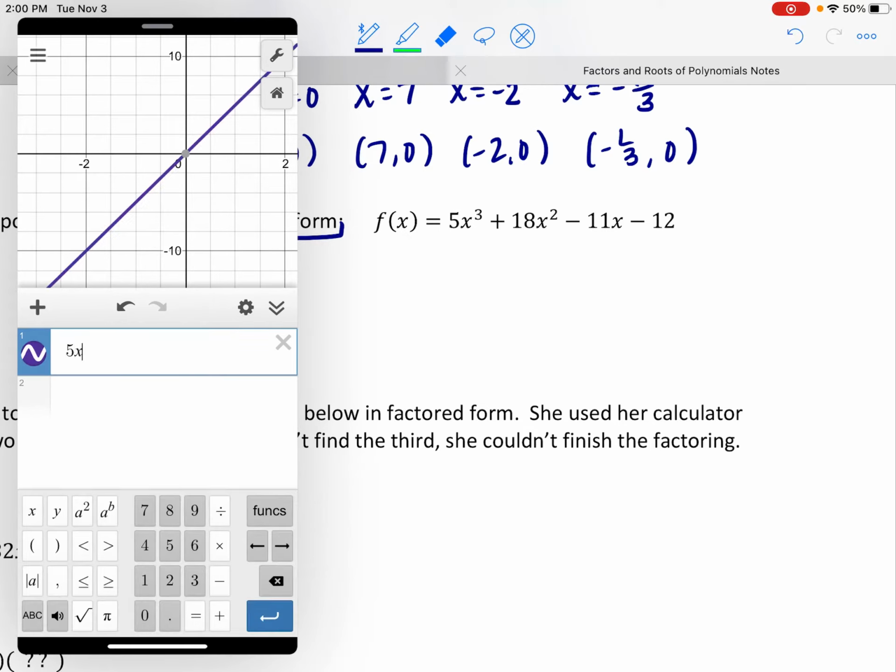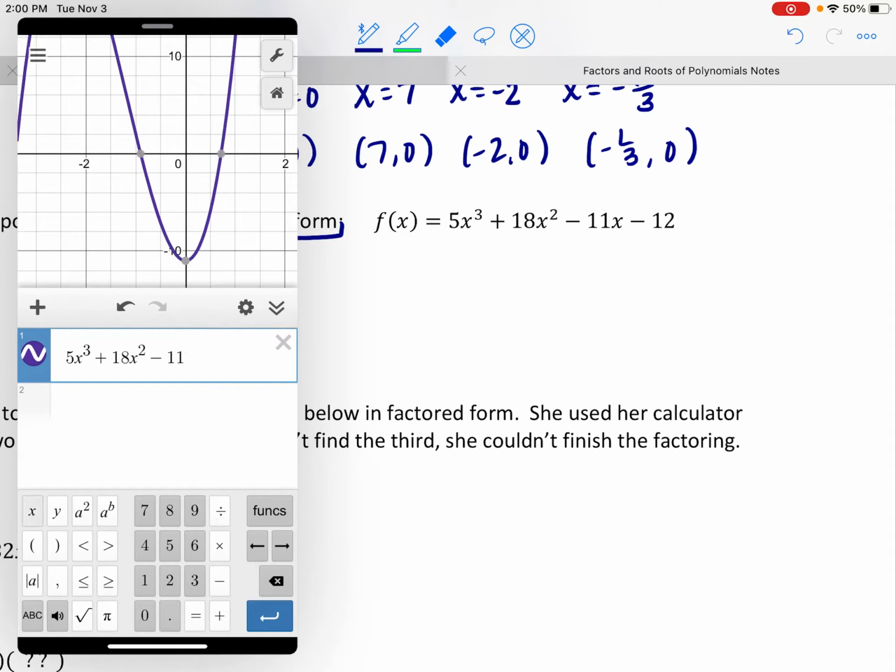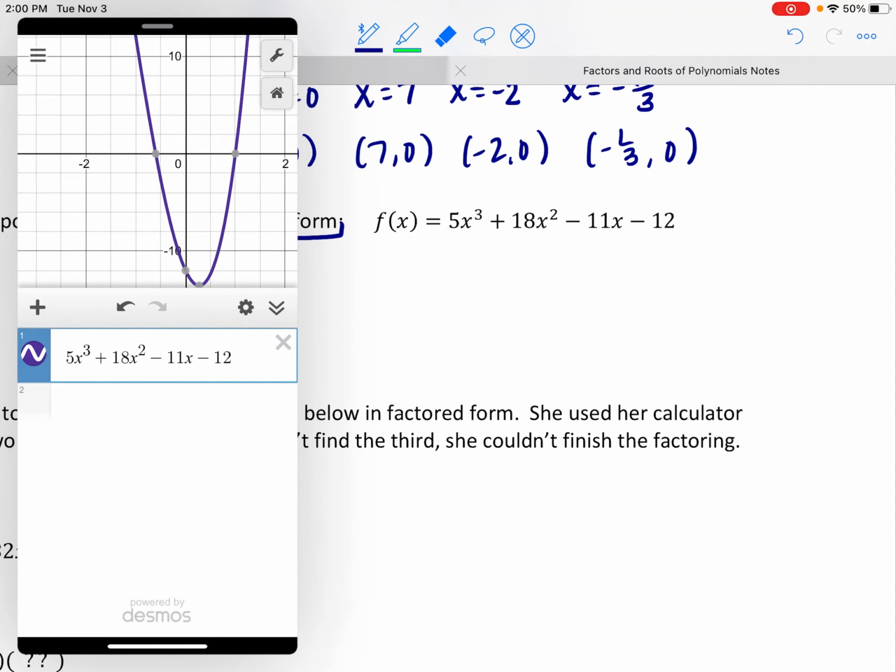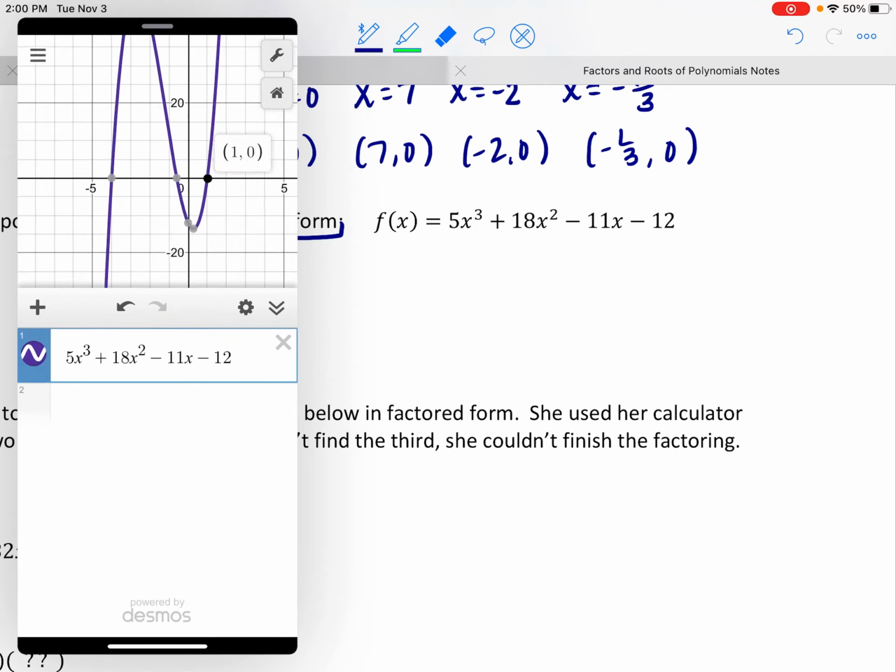So 5x to the third, and then we're going to add 18x squared. We're going to subtract 11x, and then we're going to subtract 12, and we're going to see that this function is going to touch the x-axis 3 times. So we have roots. So we graphed in Desmos.